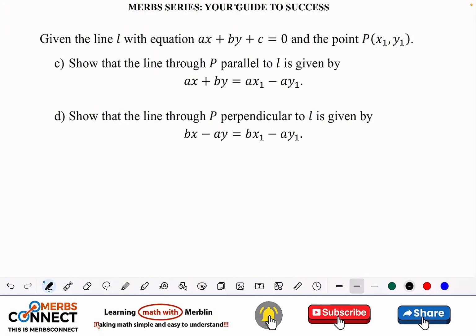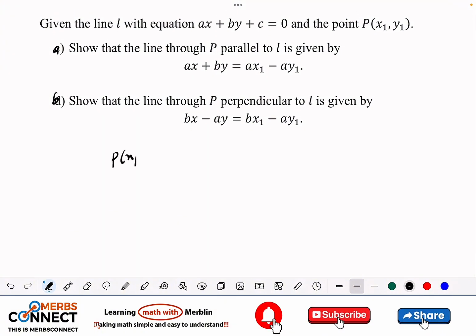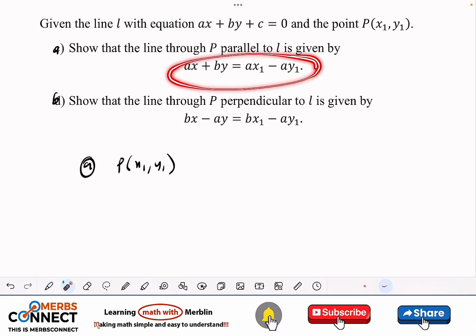So what the question is saying is that, let me make this one A and this one B, okay? They've given us this equation of the line here and this point here, but we want to show that P is parallel to the line L here, right? So what we just need to do is, now that we know P to be x1, y1, we need to find the slope, because we want to show that the equation of the line is equal to this, right?